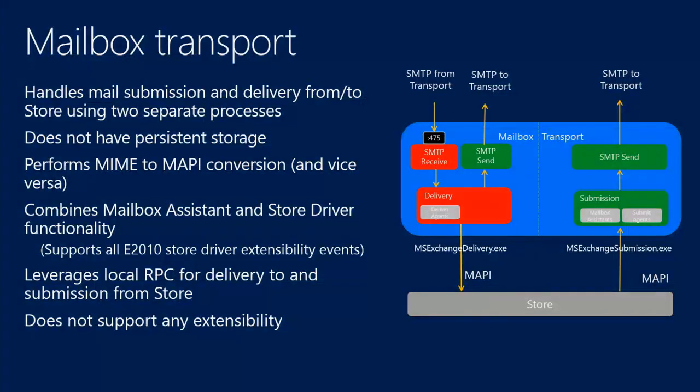Our submit agents will execute, and that message will then be handed off to a transport service for delivery into the organization or outside the organization, depending on the ultimate recipient endpoint. There is no extensibility within either of these two processes. So again, all the extensibility is done at the transport service. There's no other means to mess with that message once it gets to this layer.